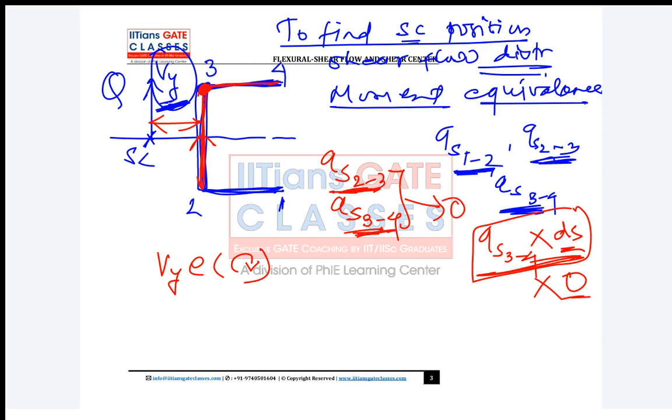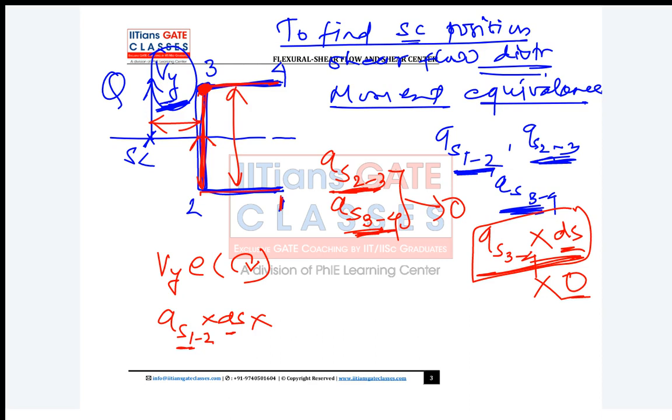But what about 1 to 2? For 1 to 2, what will be the force? QS 1 to 2 times the length ds. So this shear flow into length gives me force. Then what is the moment? What is the perpendicular distance?